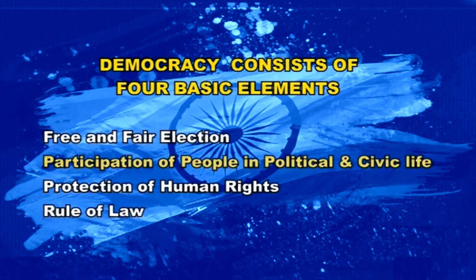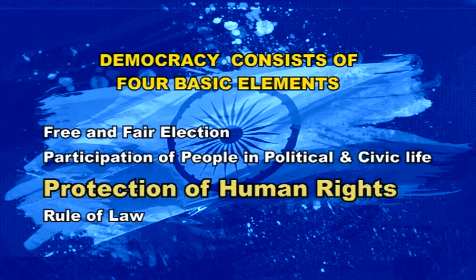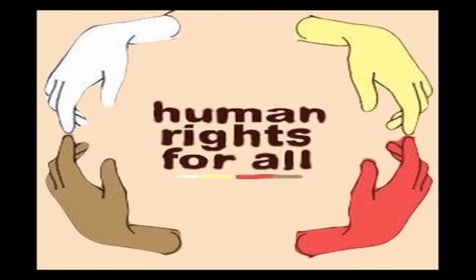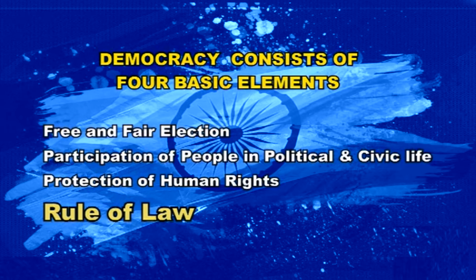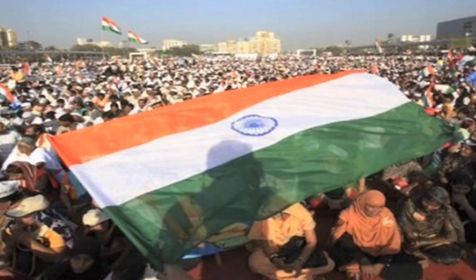Next, the active participation of the people as citizens in politics and civic life. Next, protection of the human rights of all citizens. Next, a rule of law in which the laws and procedures apply equally to all citizens.